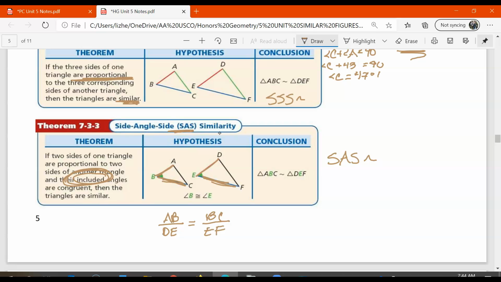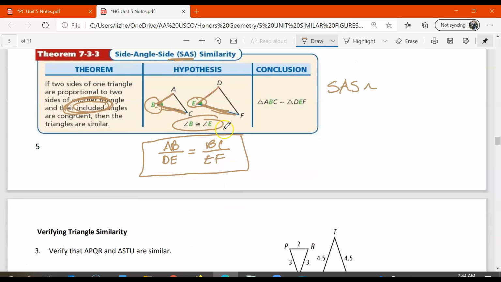So these two proportions are equal. The included angle there is E and B. So in order to use SAS, you have to prove the two sides surrounding those equal angles are proportional. You have to prove this is true, that both of those fractions reduce to the same number.